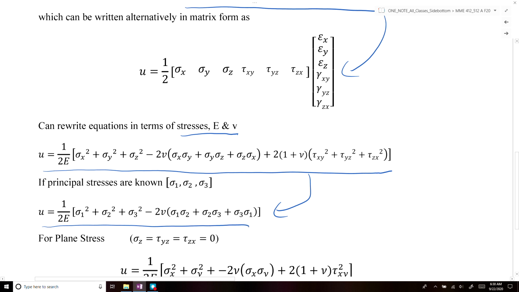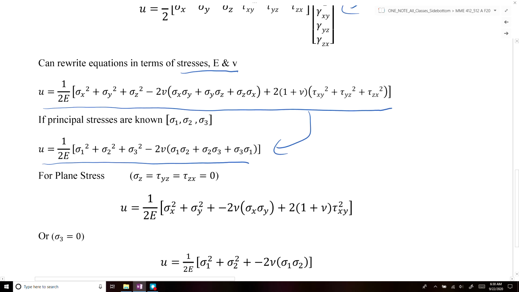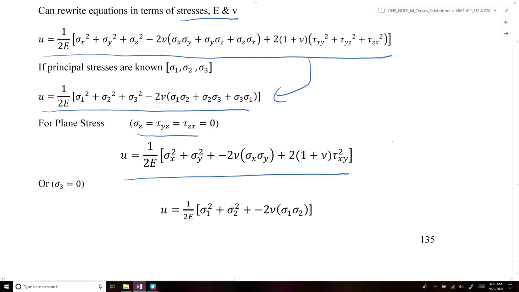And then we can keep going in the cases where you have no stress in the z axis: sigma z, tau yz, and tau zx are zero. The strain energy term can simplify down even more. And if you had the principal stresses, but one of your principal stresses is equal to 0, you would get this equation here.